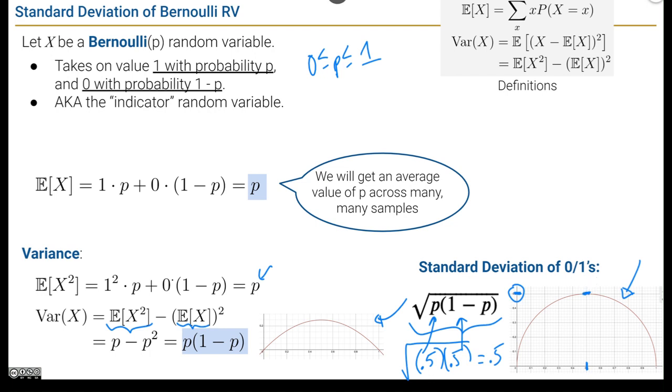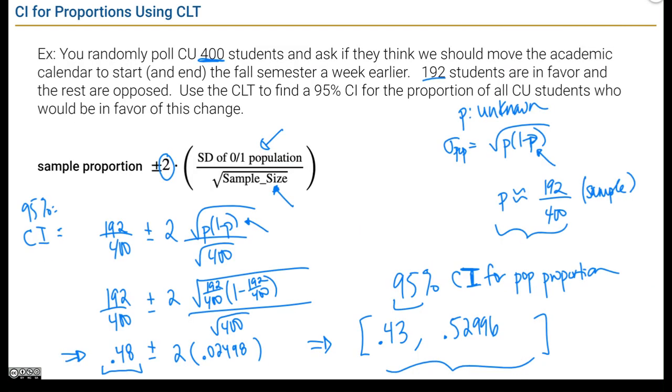So if you wanted to be even safer in making your confidence interval, you could put that in as your standard deviation, worst case, and I could just replace this term in the numerator with 0.5. That would give me an even wider confidence interval, so it would be less informative, but it may be a little safer in terms of not having to make this approximation.